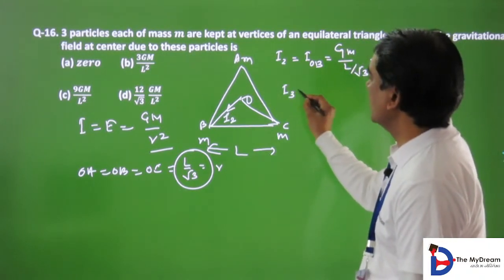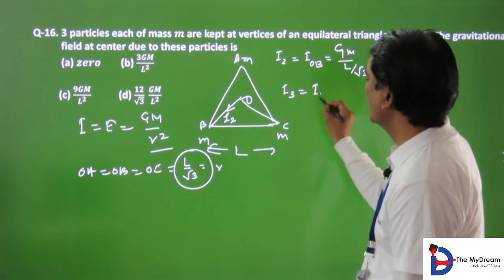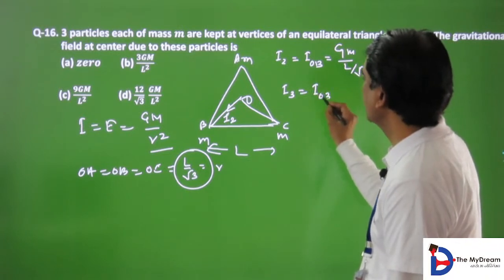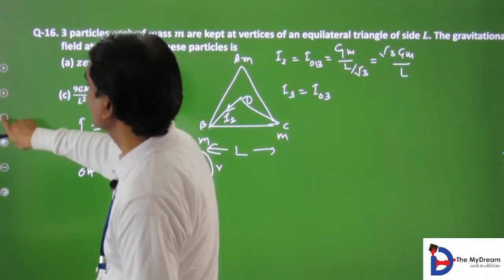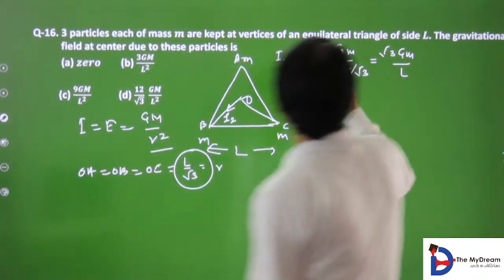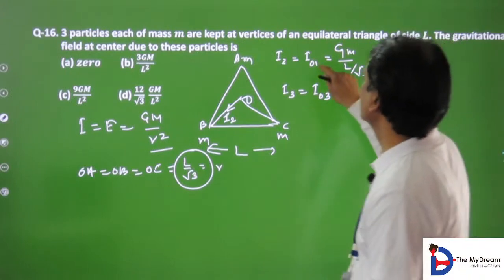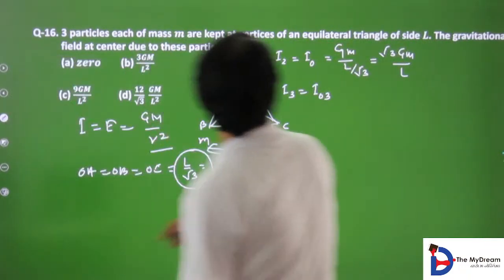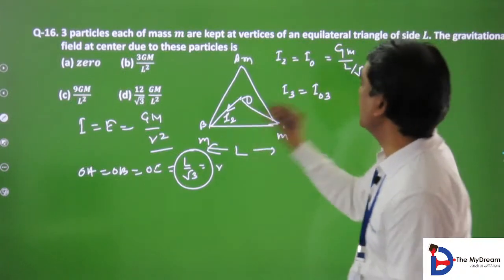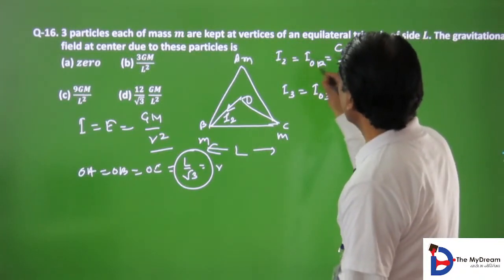Intensity at O due to 3. Let's check it a bit. This is 2. Intensity at O due to B. This is B, not 3.